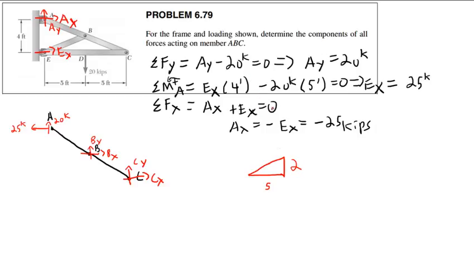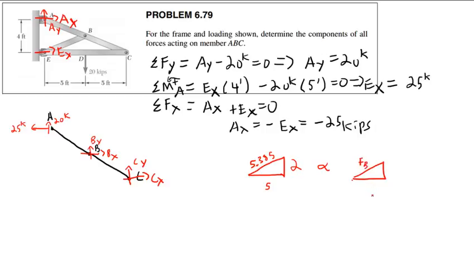And 5 point, let me think about that. Just want to make sure, yeah, 5.385, right triangle. And this is going to be proportional to FB.